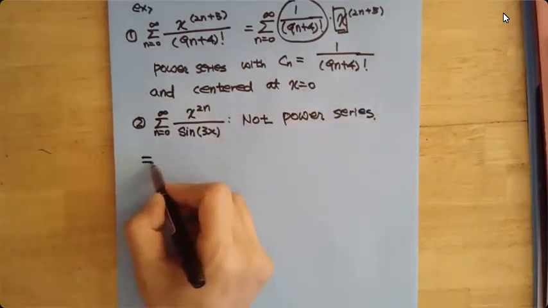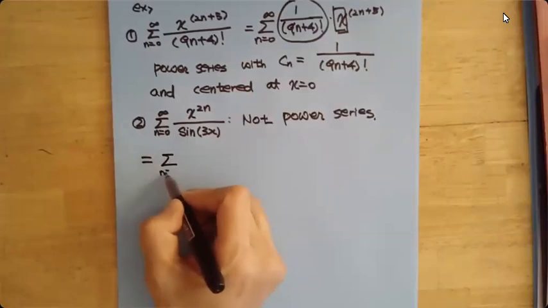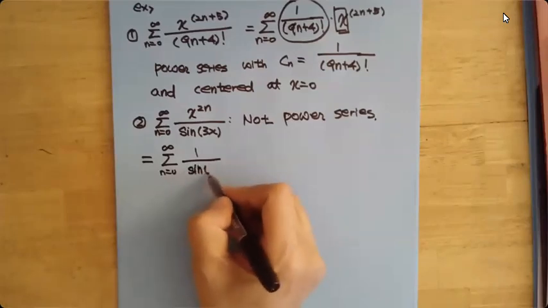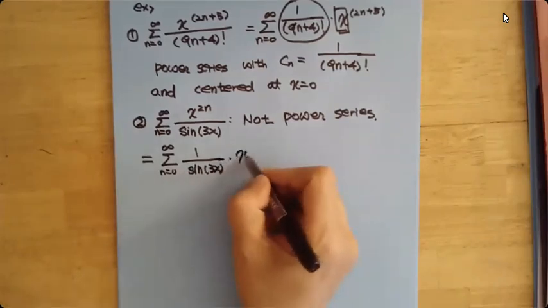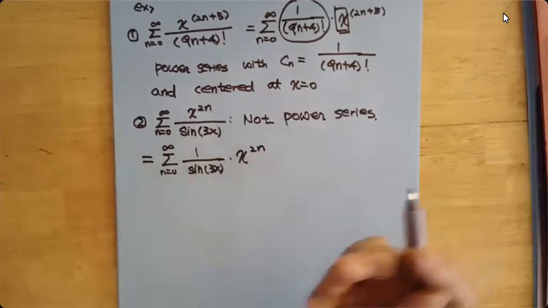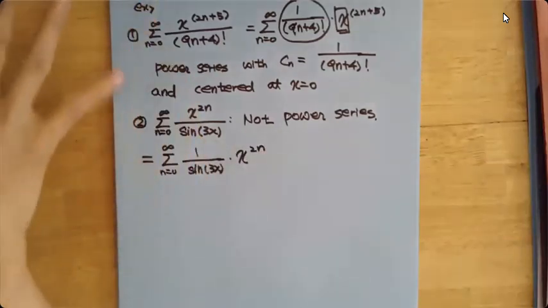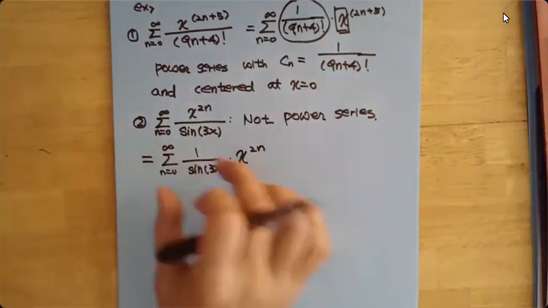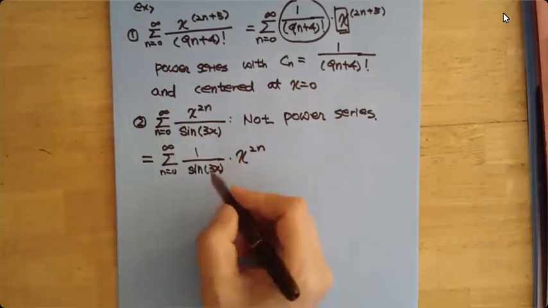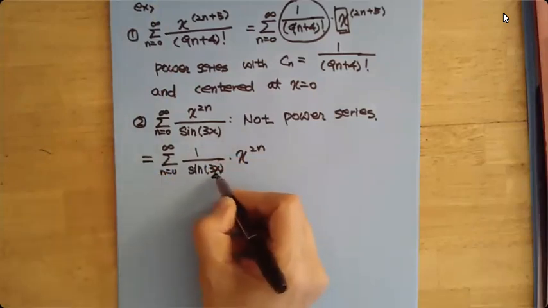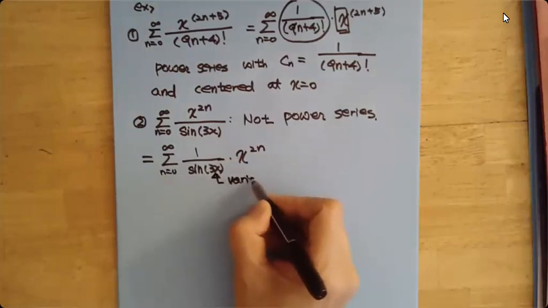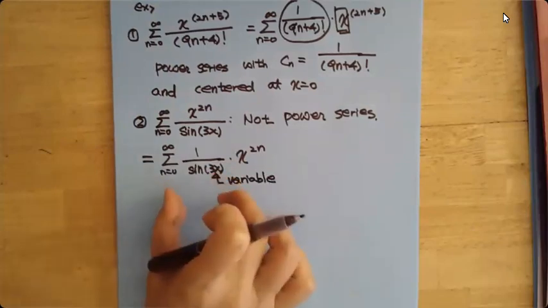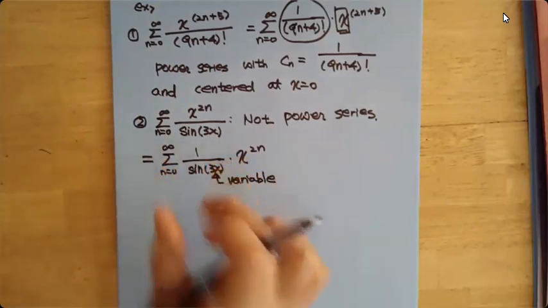Because this can be written as the summation n equals 0 to infinity of 1 over sine of 3x times x to the 2n. These two look very similar in the sense that x to a certain power is multiplied by a fraction. But unfortunately, in this case, x is also a variable. Instead of n, we wrote x here. So this cannot be a coefficient.